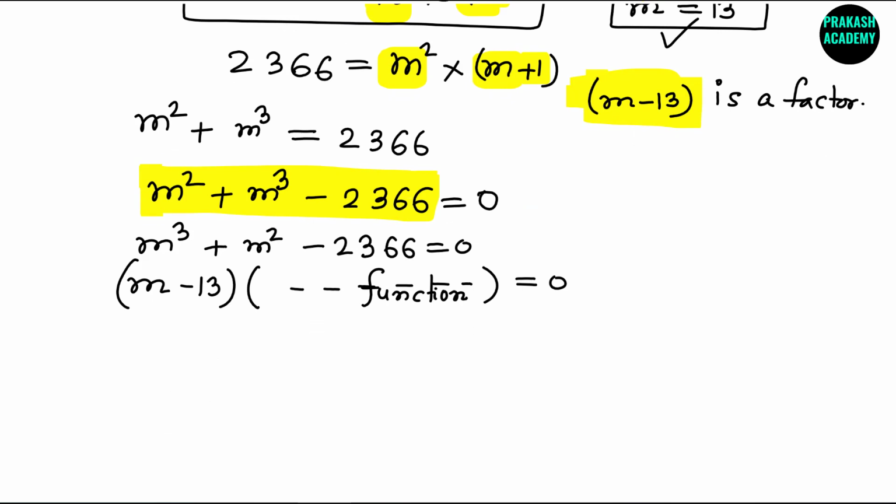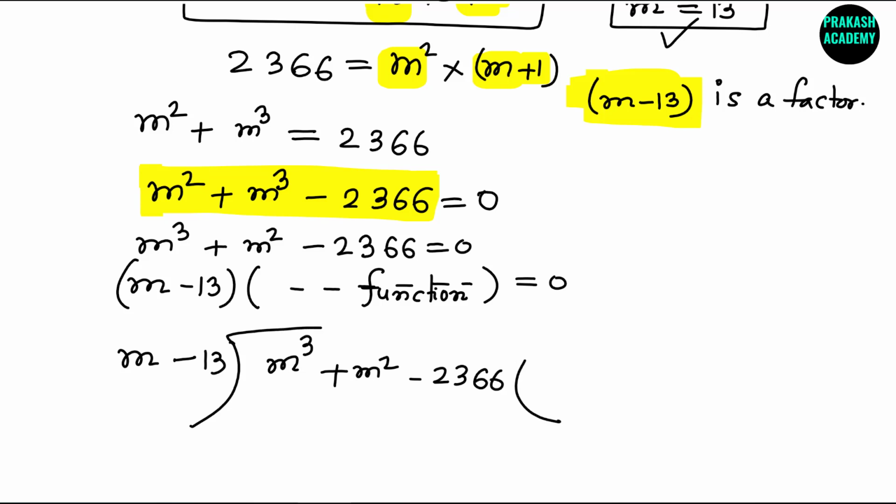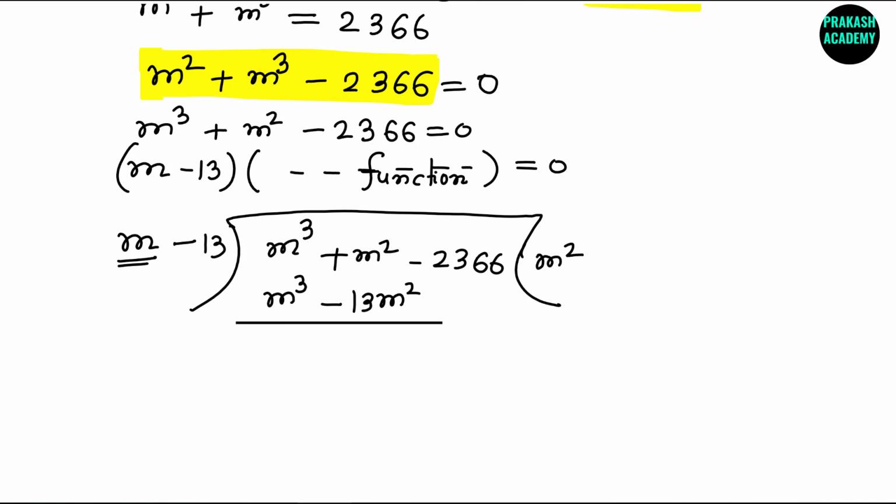So I will have m minus 13, and then I have to divide m cube plus m square minus 2366. Initially I have to take m square. So m square times m is m cube, minus 13m square. Now you subtract these two, this cancels out.